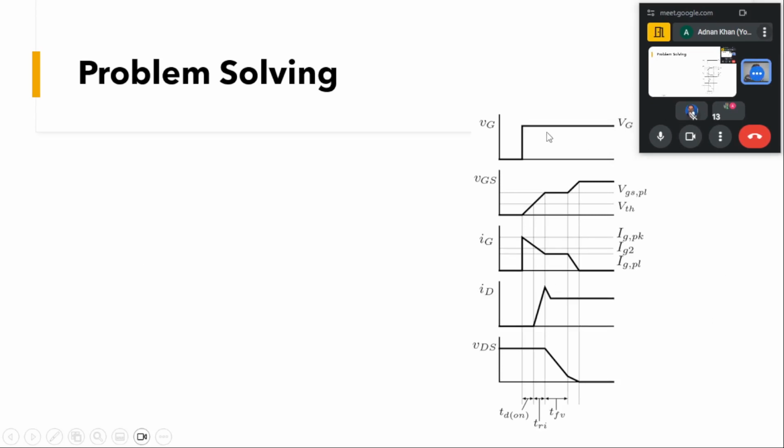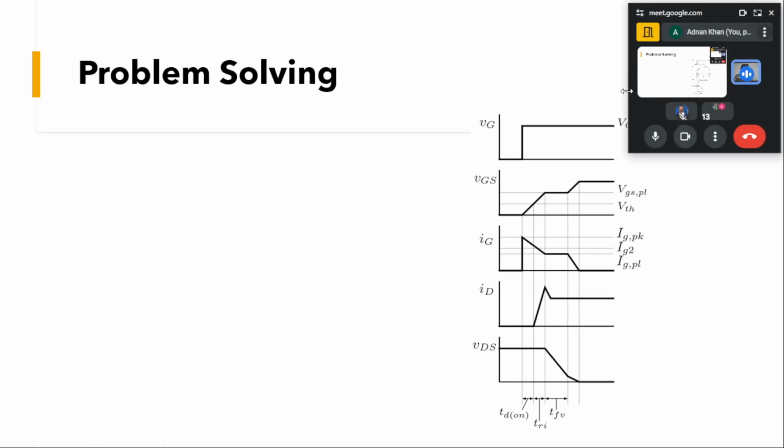If you look here, during the turn on, the turn on time is very small, and you can assume that the IG current goes to some peak value and then comes back. As soon as our device turns on, it goes back to zero.